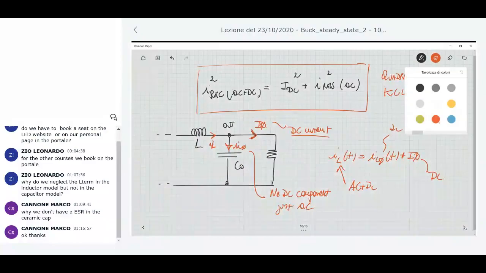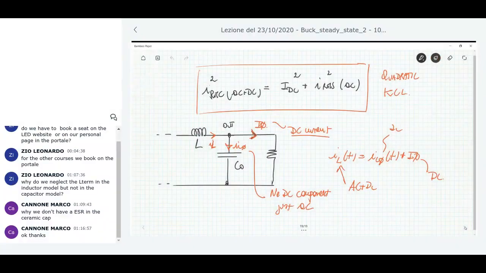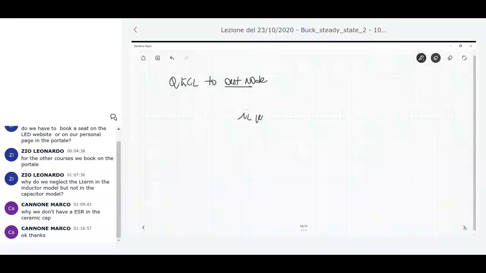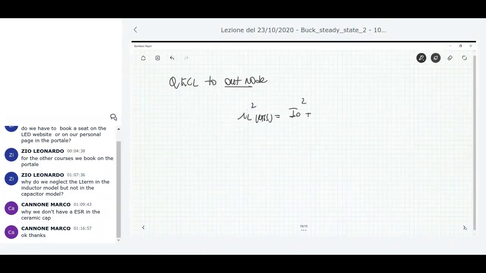So exactly the situation I described previously. So I can compute, applying the quadratic Kirchhoff current law to the output node, the root mean square value of the inductor current. The root mean square value of the inductor current is the square of the DC current plus the root mean square value of the IC naught current squared.